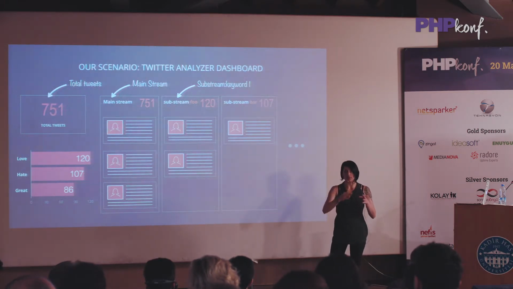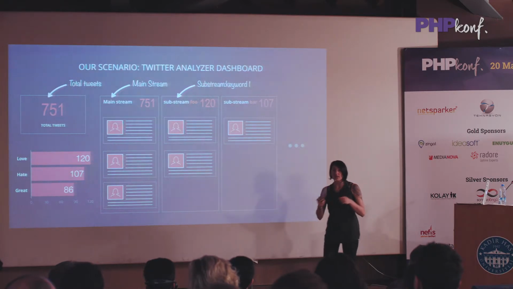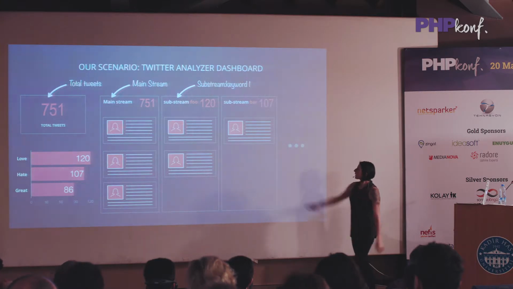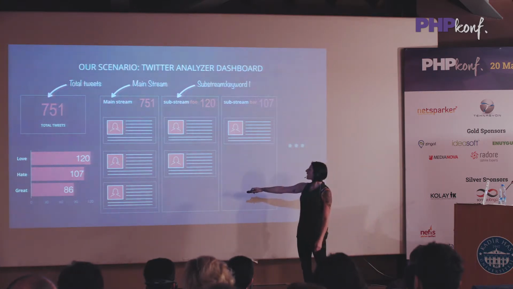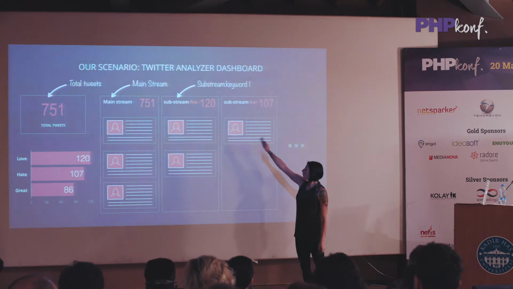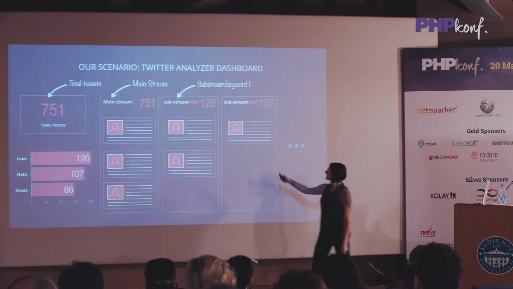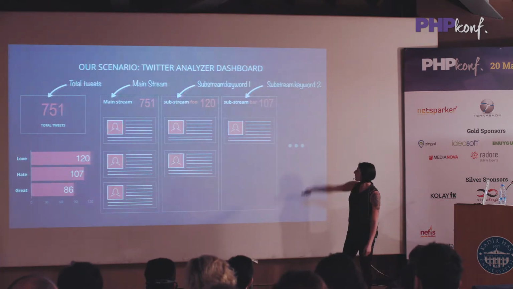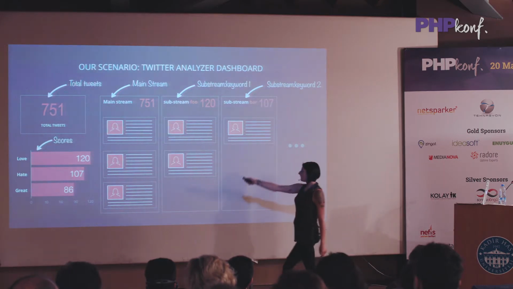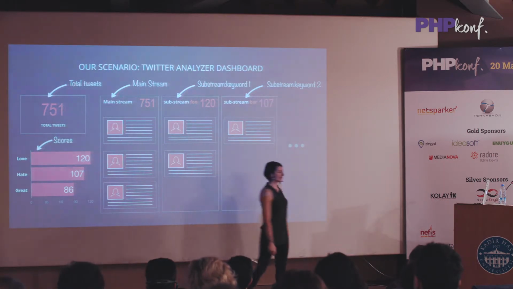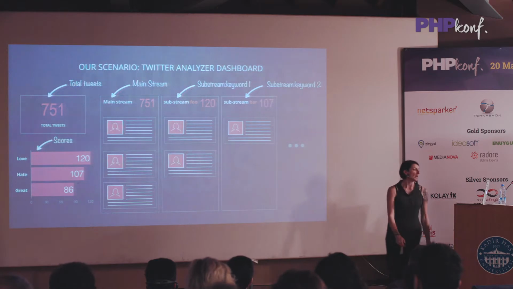The hashtag is stats company, the name of our company. The keywords are love, hate, awesome, terrible, and so on. So we have the substream of tweets per keyword with the total count per keyword, for every keyword. And then in the end, we have the scores. And let's see which word will appear the most.